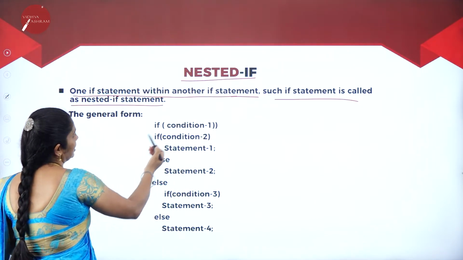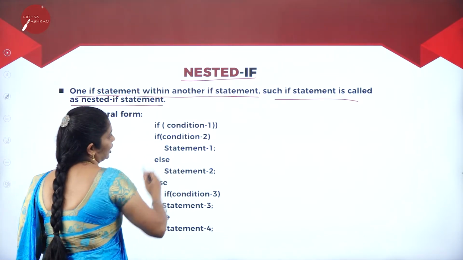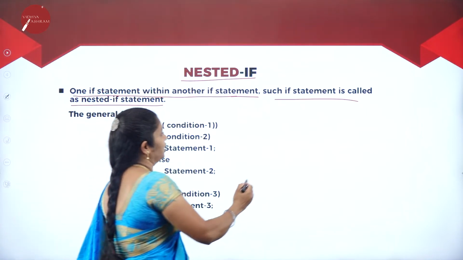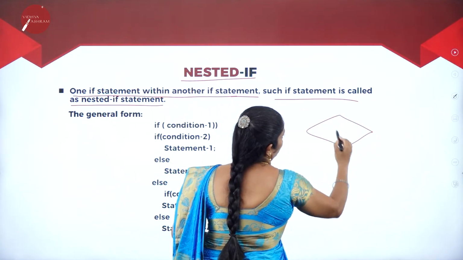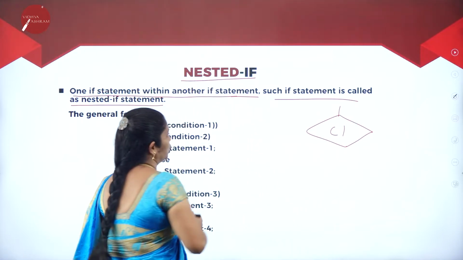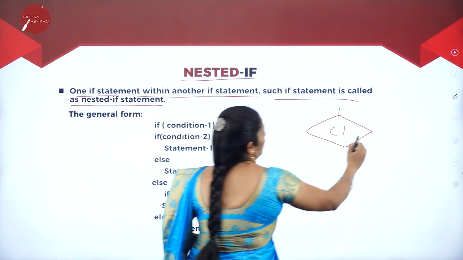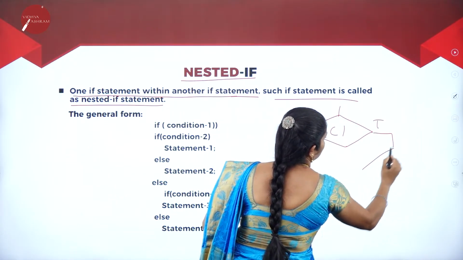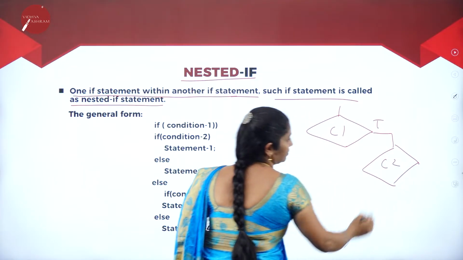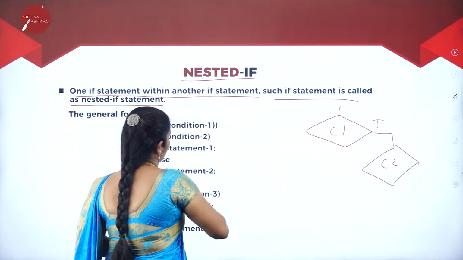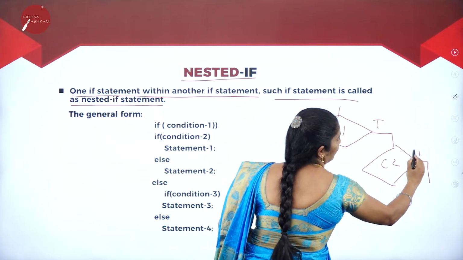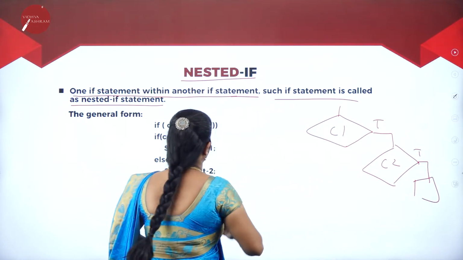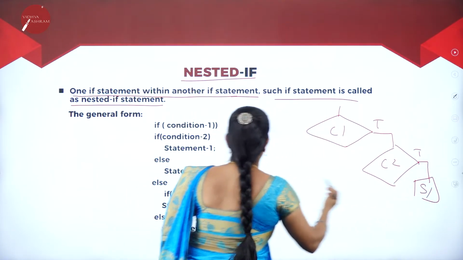See, if you observe the general syntax here, first if condition 1, the first condition, it will check. If condition 1 is true, then one more condition here it will check, condition 2. Then if this one is also true, then finally statement 1, in this example, will execute.